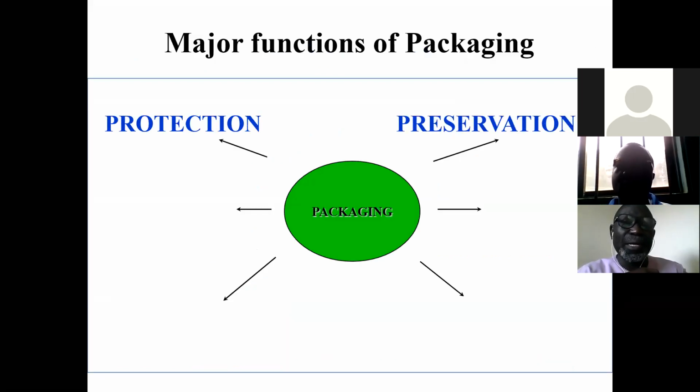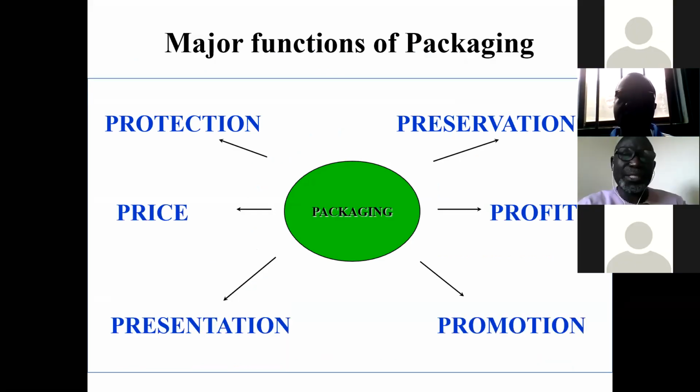Now, the main functions stem from protection, preservation, price, profit, promotion, and presentation. It's a must for us when considering any packaging material. As a researcher, apart from these main functions, we also take care of the extrinsic and intrinsic properties.